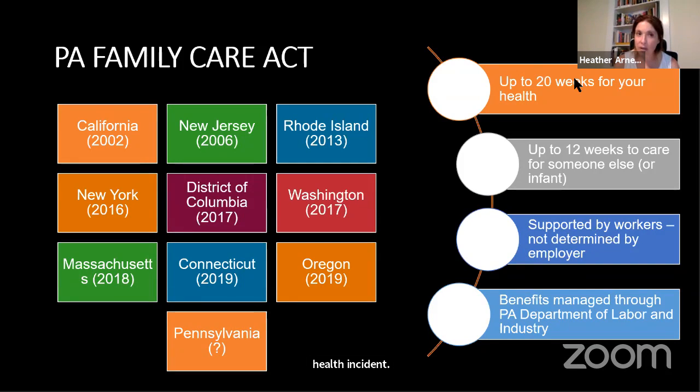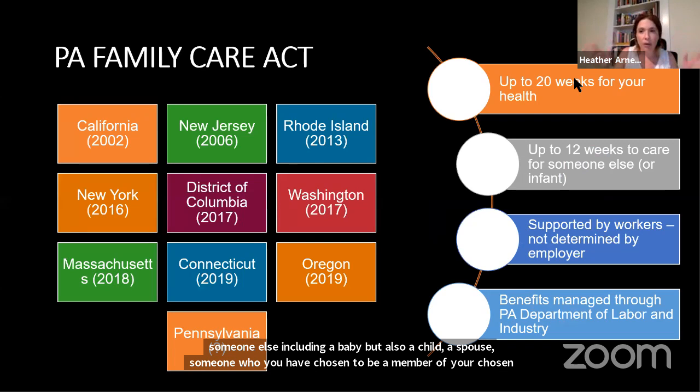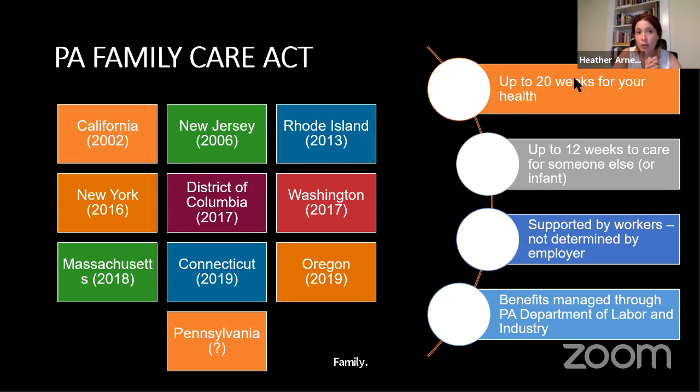Yes, that does include an infant, but it also includes a child, a spouse, someone who you've chosen to be a member of your chosen family, a parent, sibling, spouse, all those different kinds of familial and chosen familial relationships.